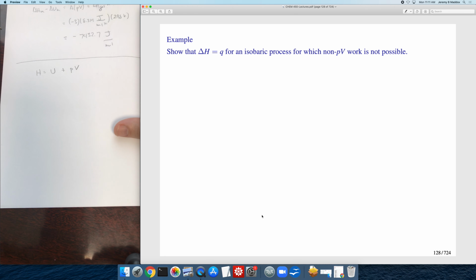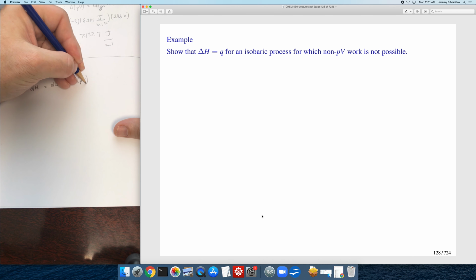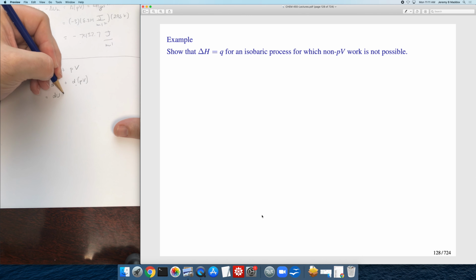So here's the definition of enthalpy. And what I'll do is take the differential. So we'll get dH equals dU plus d(PV). And I can use the product rule to expand this. So I'll do that.